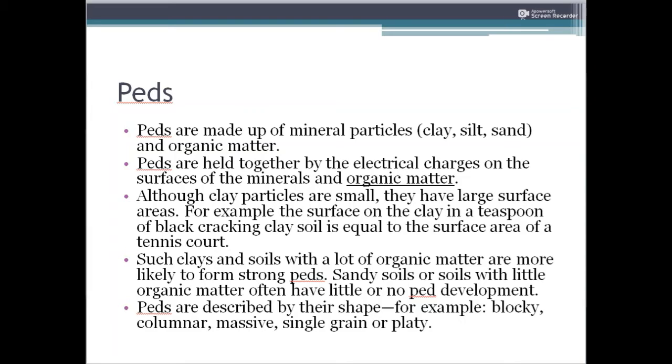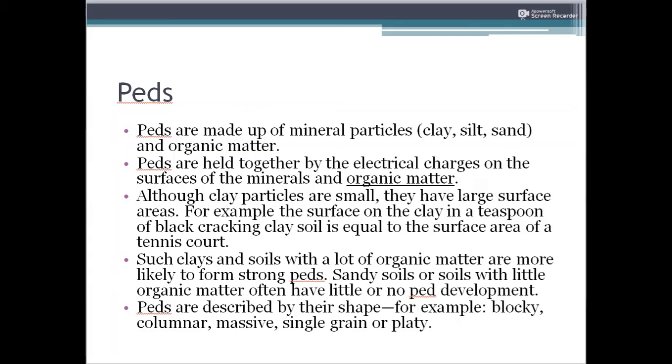Although clay particles are small, they have a large surface area, and the surface area of the clay in a teaspoon of black cracking clay soil is equal to the surface area of a tennis court. Such an amount of interaction happens within a clay. And such clays and soils with a lot of organic matter are more likely to form strong peds.